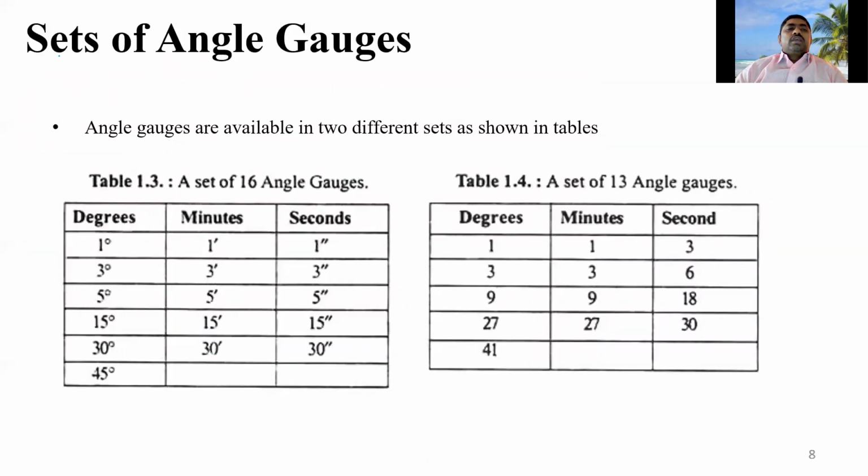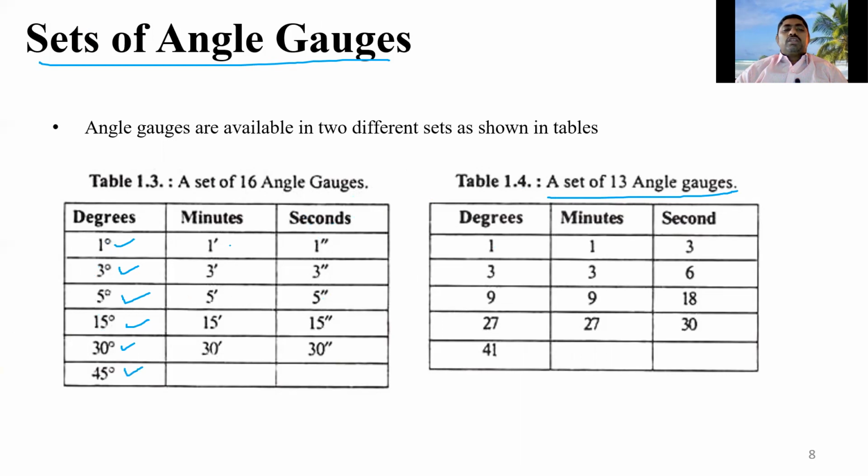These angle gauges are available in two sets. The first set consists of 16 angle gauges and the second set consists of 13 angle gauges. In the first set we have the 1 degree, 3 degree, 5 degree, 15 degree, 30 degree, and 45 degree angle gauges.